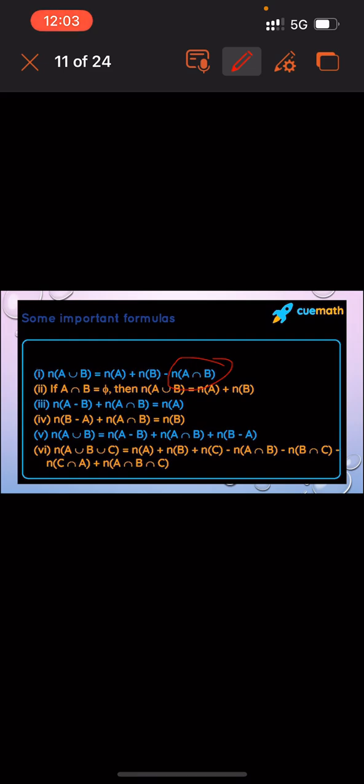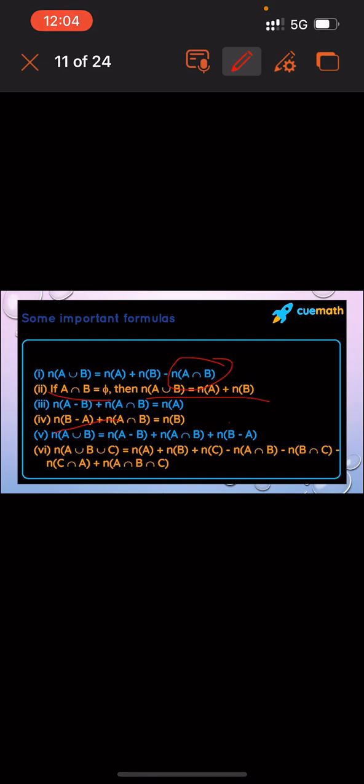So if A intersection B is empty set, then n of A union B equal to n of A plus n of B. And then n of A difference B plus n of A intersection B equal to n of A. N of B difference A plus n of A intersection B equal to n of B. N of A union B we can represent with intersection and difference, means n of A union B equal to n of A difference B plus n of A intersection B plus n of B difference A.